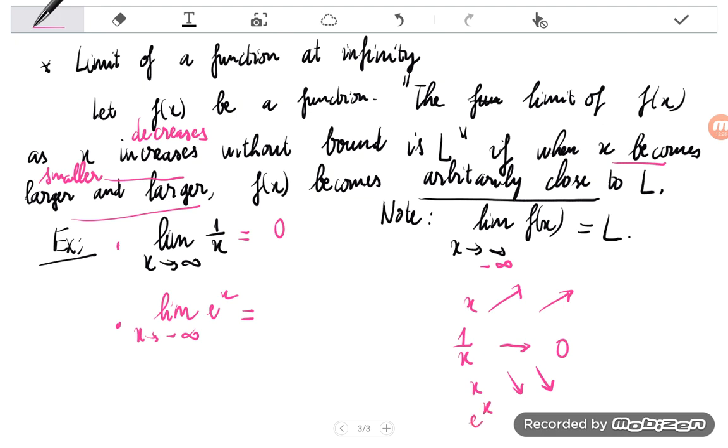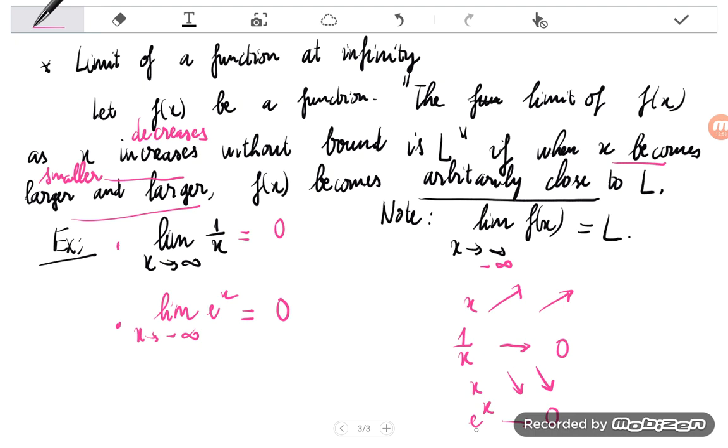The value of the exponential at x will become closer and closer to 0 arbitrarily. So we have that this limit is 0.